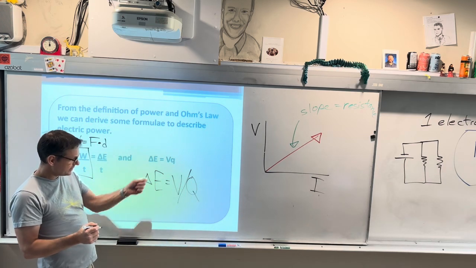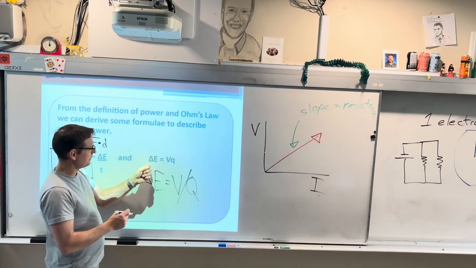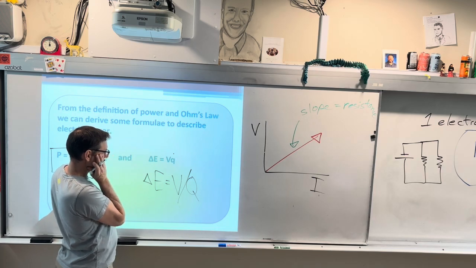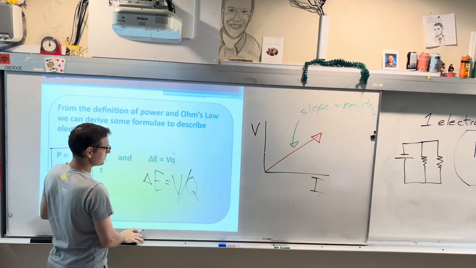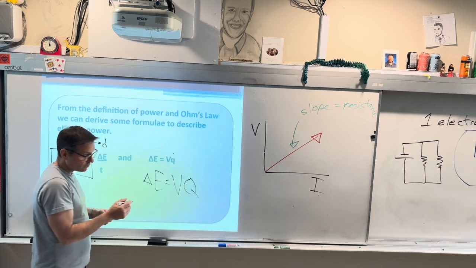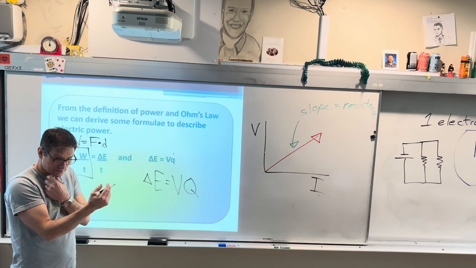Hey everybody, look at this. Is this in your booklet written like this? Okay, energy is voltage. Wait a minute, is that right? Oh no, that's right. It is VQ. A volt is a joule per coulomb, right? So if you multiply by the number of coulombs, you get the joules.